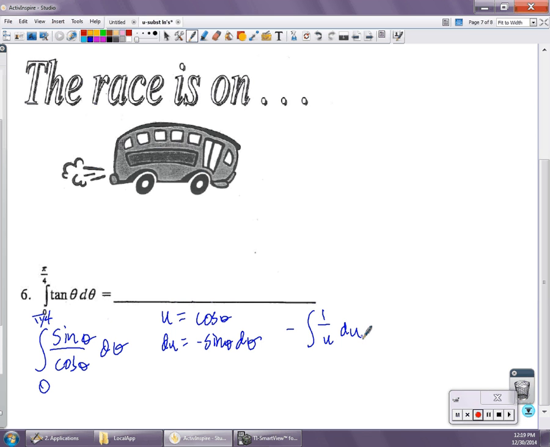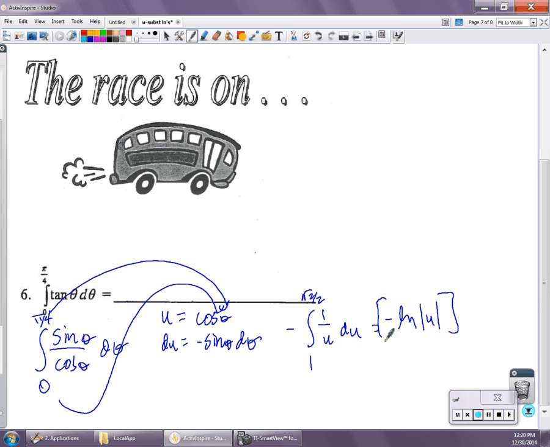I'm going to change my bounds. The cosine of pi over 4 is root 2 over 2. The cosine of 0 is 1. So that gives me negative ln absolute value of u evaluated from 1 to root 2 over 2.